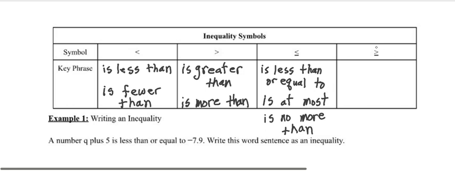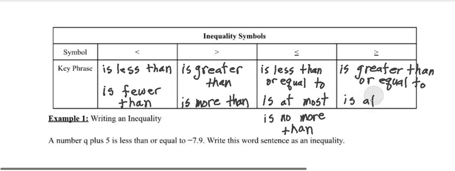So this symbol is "greater than or equal to." We could also see it written as "is at least."